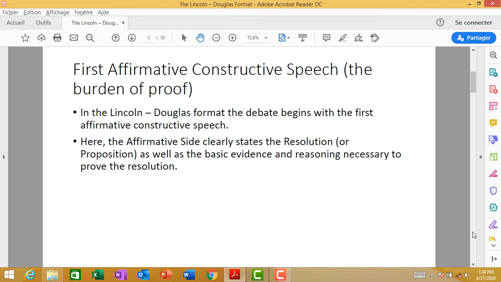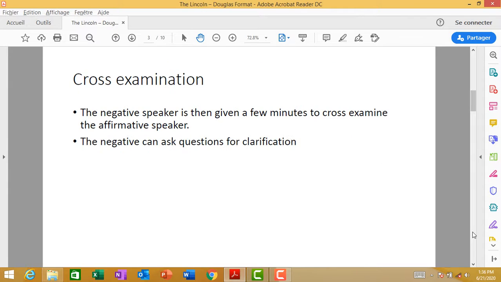The person who is opening the debate is constructing their argument, coming up with evidence and reasoning necessary to prove the resolution or the issue in question.